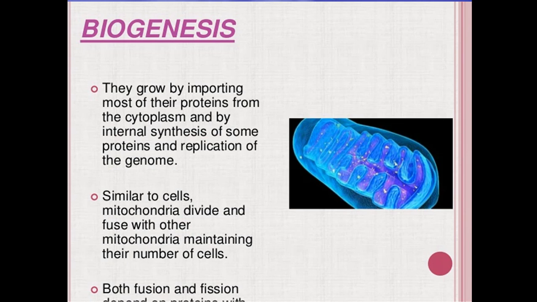So if you talk about the origin of the mitochondria, the cell along with the mitochondria grew by importing most of their protein from the cytoplasm, and also by internal synthesis of some proteins and replication of the genome.